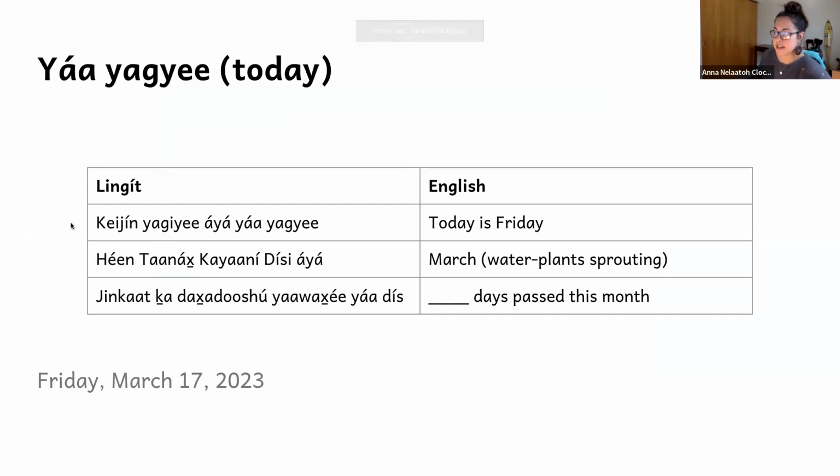Repeat after me line by line. Cajun yagi, yagi. Héen Taanáx Kayaaní Dísi. Jinkat kadachadushu yawachiyadis. Okay.